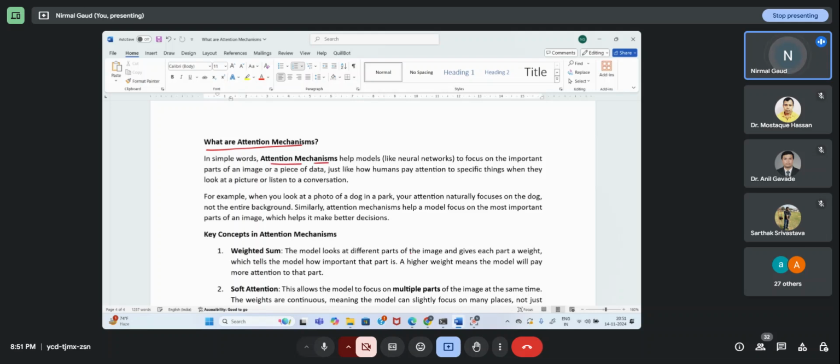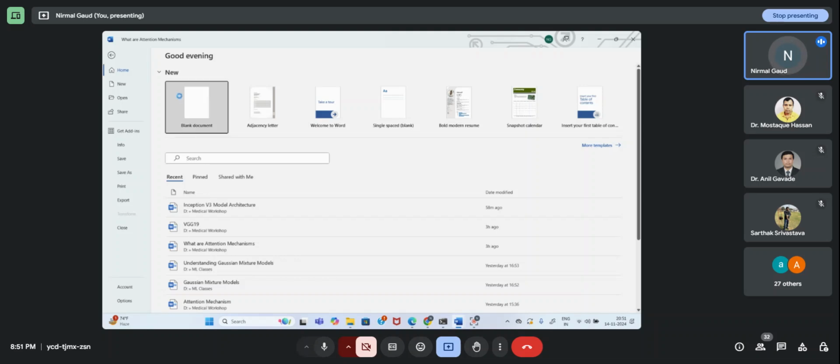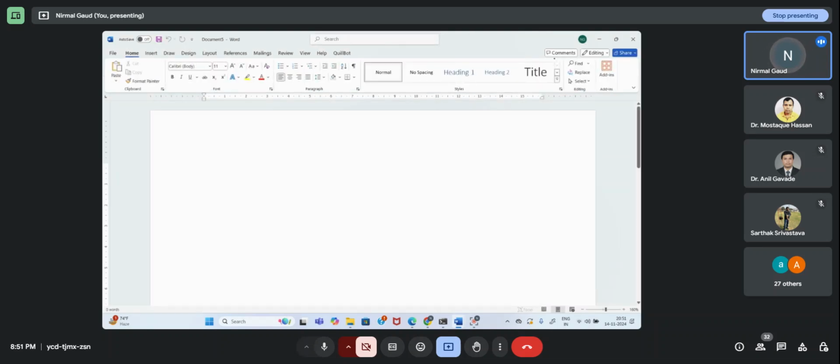It helps models like neural networks focus on the important parts of an image or piece of data. Okay, sir, we are already applying convolution, sir. We have an image, sir.